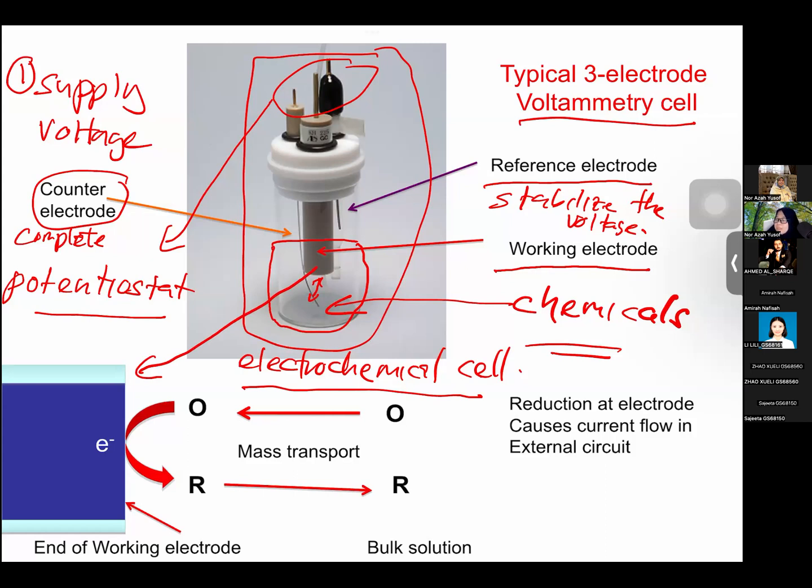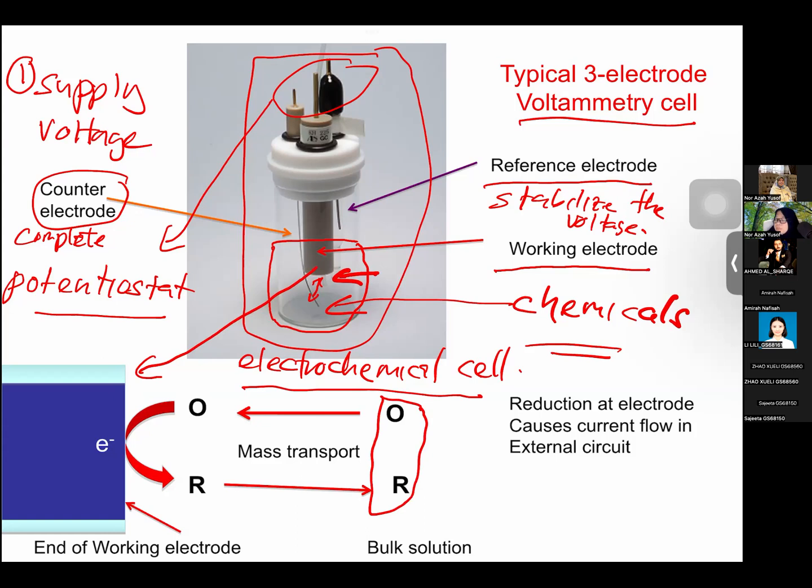So what happens if you put some chemical reagents here in the beaker? If the chemicals are electroactive, then something happens. Of course there are a lot of chemicals, especially organic chemicals, that are not electroactive.